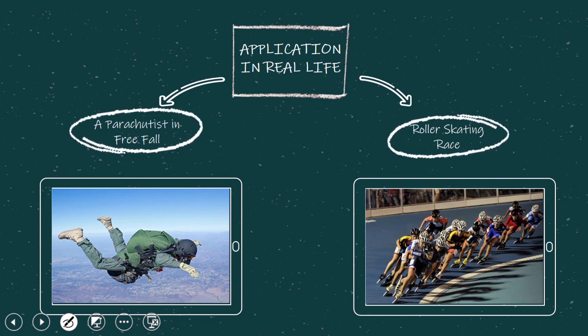First, we can use the fundamental theorem of calculus to calculate the free fall of parachutists. And the next is we can use the fundamental theorem of calculus for a roller skating race.